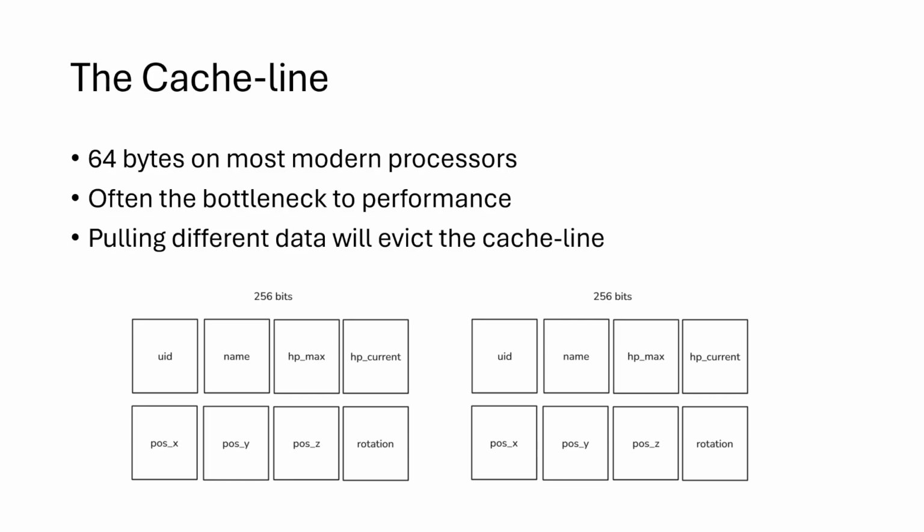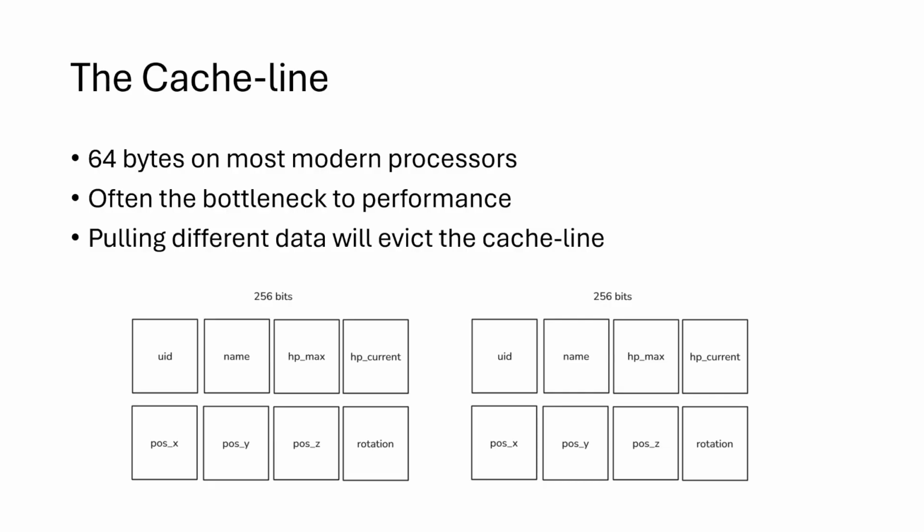So when you do that, let's say you're pulling in 4 bytes of data, for example, the next 60 bytes will be whatever is next in the cache line, not necessarily whatever is the most relevant to your program. Because of that, we need to plan ahead so that the next bytes after what we are accessing are what we are most likely to actually access next.